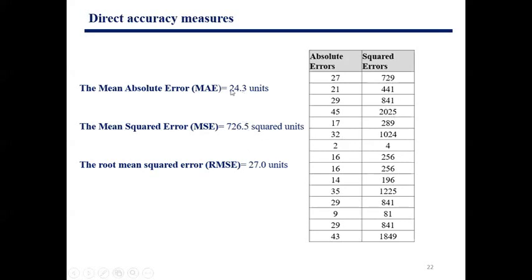Be careful here: in the mean absolute error, the unit is units. It means, if we have, let's say, bottles of water, the unit will be bottles of water, but here the unit is squared bottles of water. It doesn't have maybe a meaning, and for that reason people use the root mean squared error.